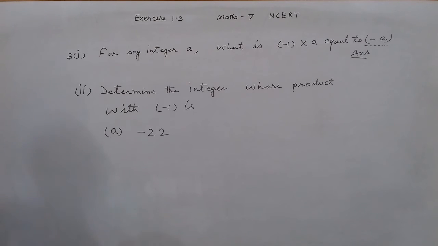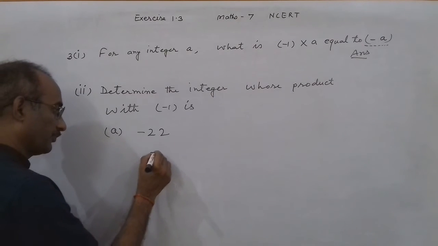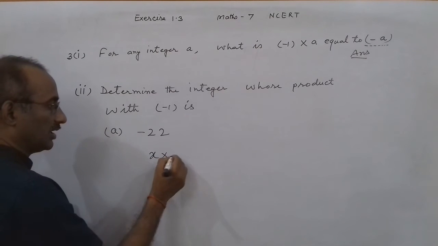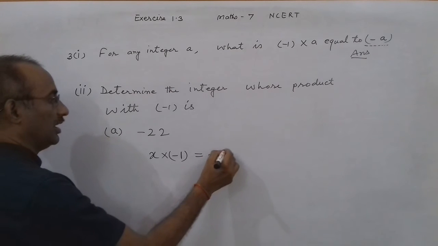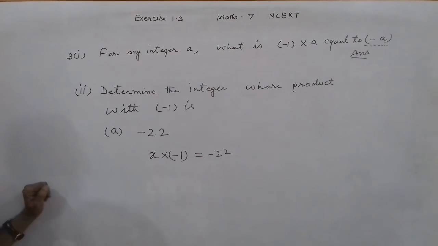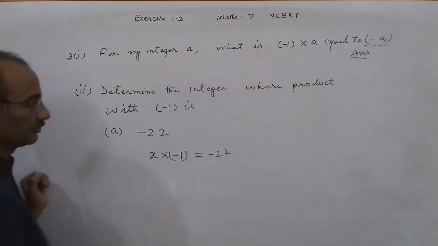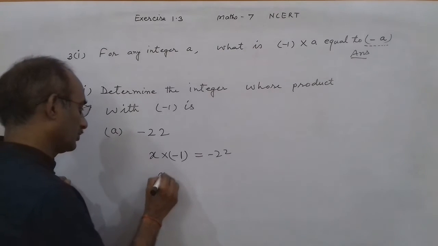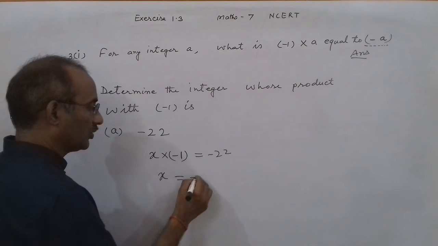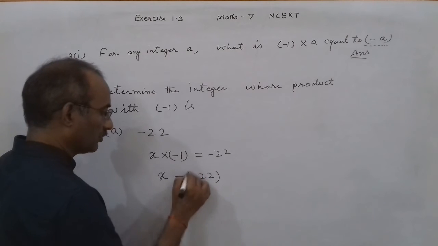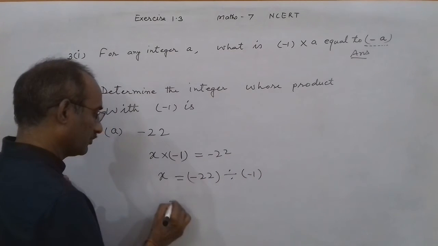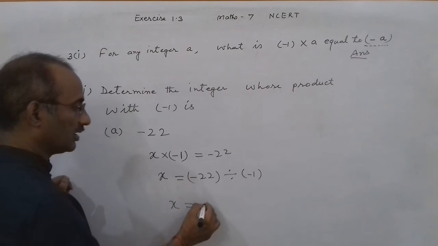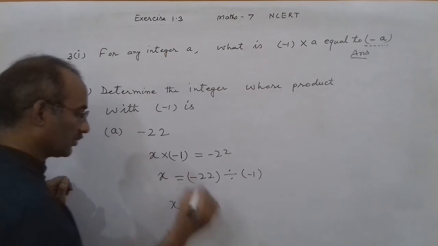Suppose we have an integer x. When x is multiplied with -1, then we get -20. So x equal -20 divided by -1. So we get +20.